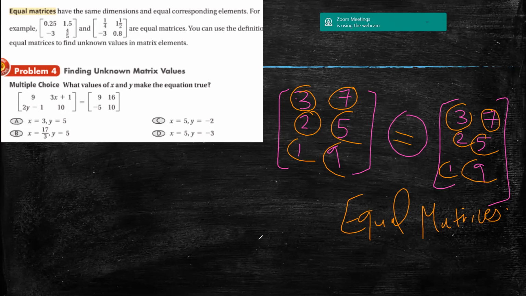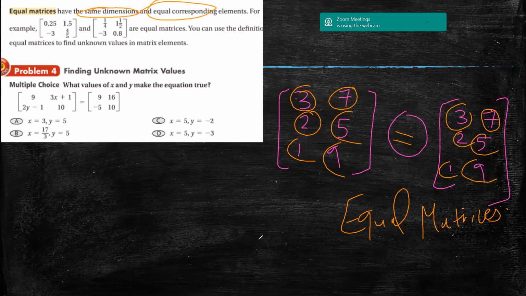So the equal matrices, they must have two things. They must have equal or the same dimensions and equal corresponding elements. So here, to say that these two matrices are equal, you must see if they have the same dimension and equal corresponding elements.